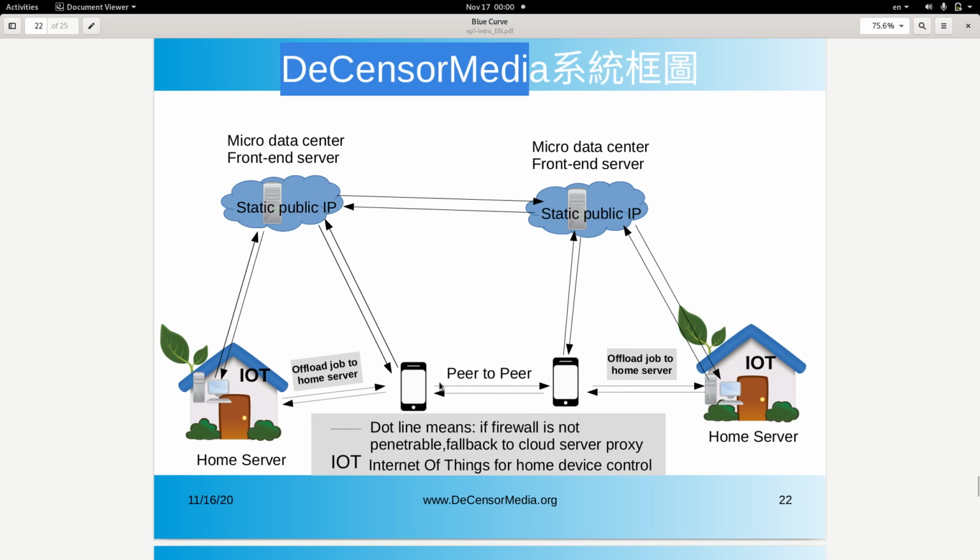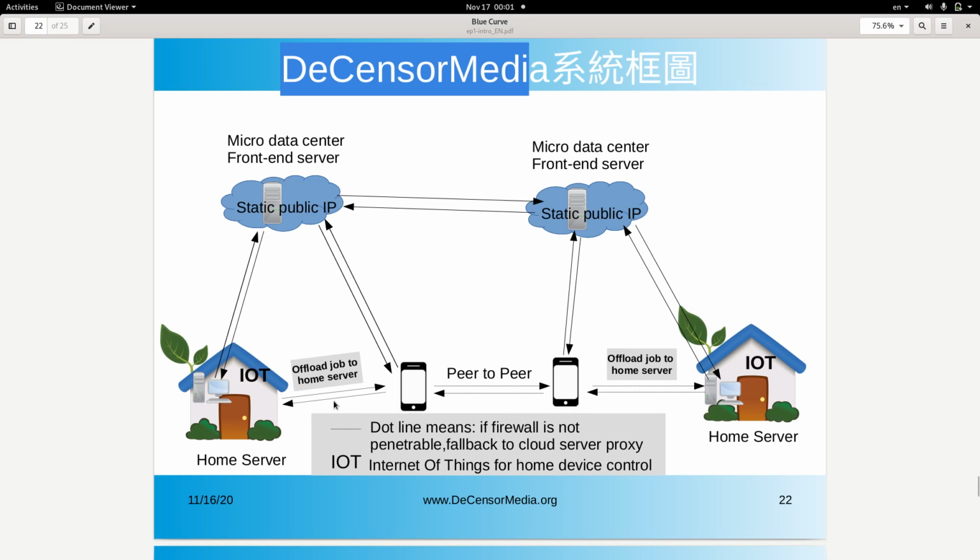So now we can have our own home server with IoT-like systems set up for our home, and our cell phones will become just a remote controller, offloading the difficult jobs to the home server and getting back the data.